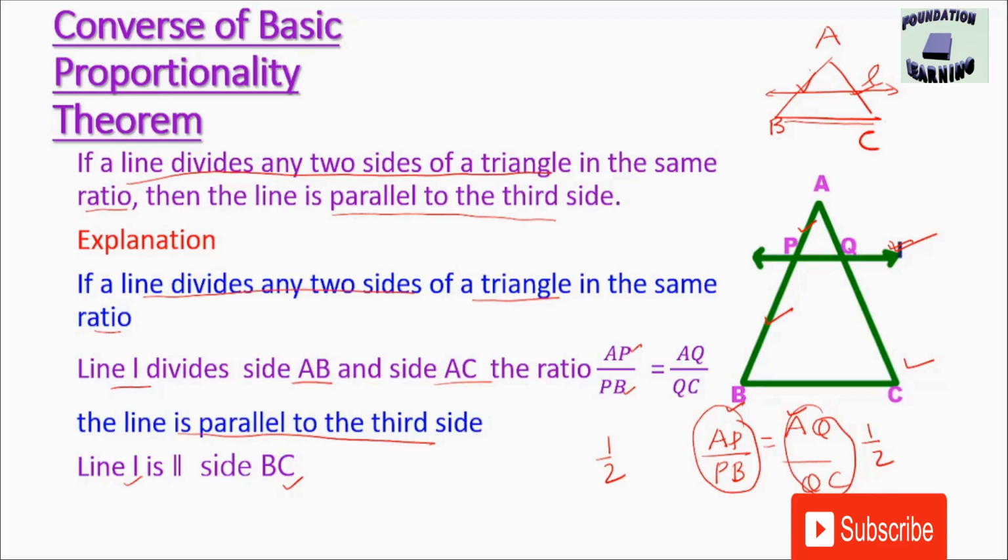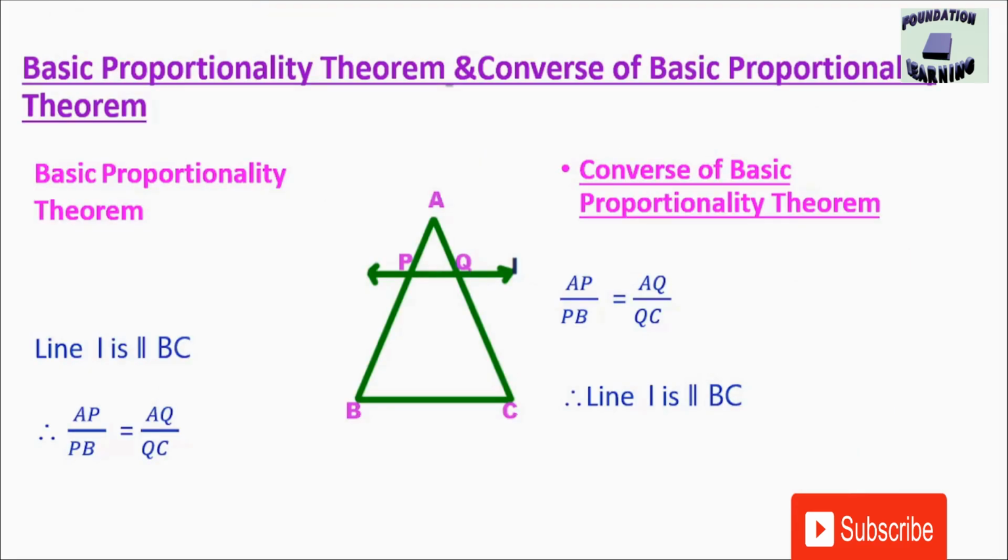Now you don't have to prove it. Now we'll compare the basic proportionality theorem with the converse, so that you know what a converse is. This is the converse and this side is the basic proportionality theorem. In the basic proportionality theorem, what is the given condition? Line L is parallel to BC. That means this line is given, it's parallel to BC. Then what will happen?